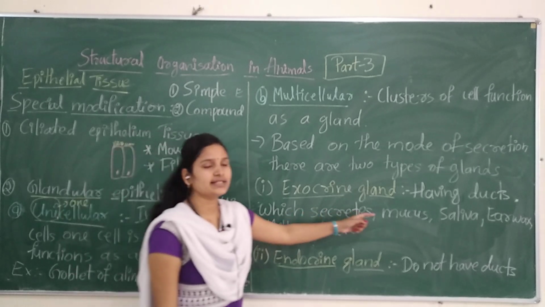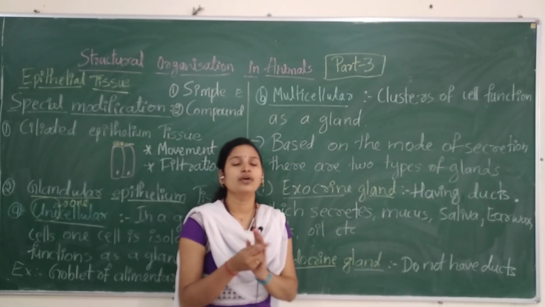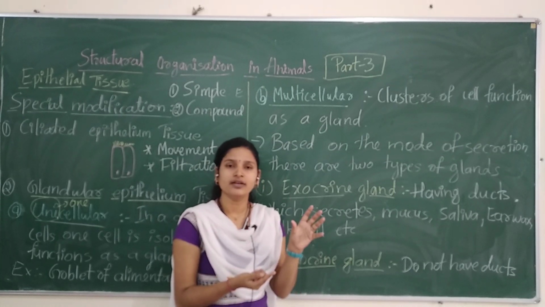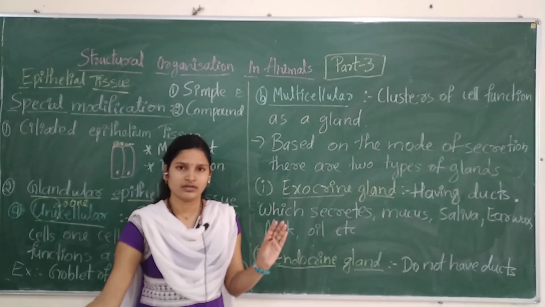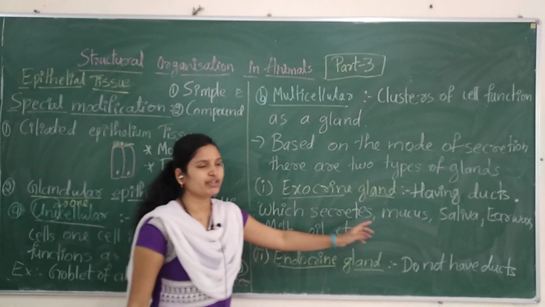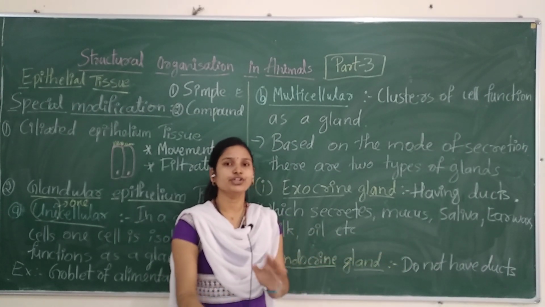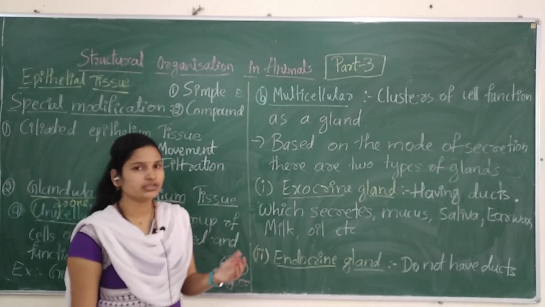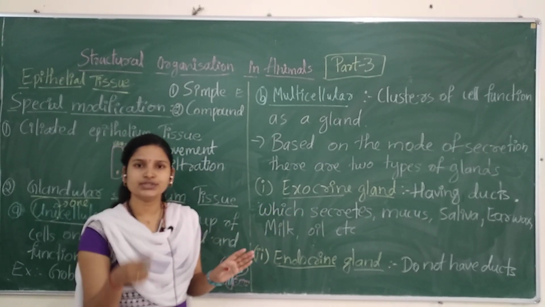Likewise, exocrine glands have a specific passage to move substances from one part of the body to the entire body. There is a connection, and that connection we call ducts. Ducts are the passage for the movement of particles or substances like blood throughout the body.